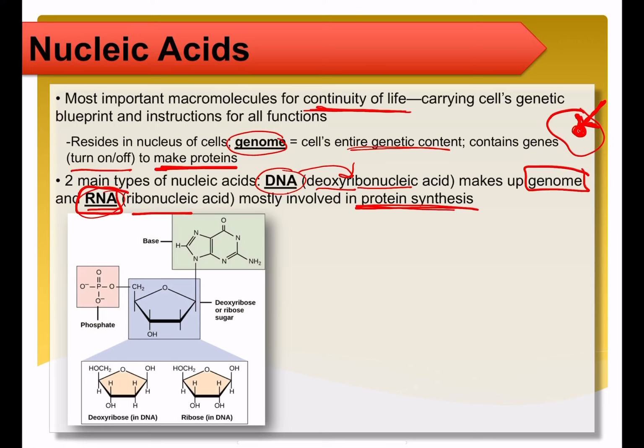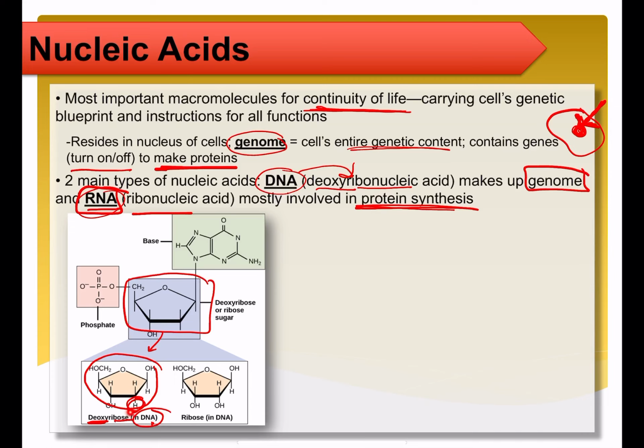Okay, so the difference between DNA and RNA nucleic acids is the ribose portion of the nucleotide, where in DNA molecules it's called deoxyribose. So this is the ribose portion of the nucleotide. Okay, so for DNA, this particular carbon right here is missing an oxygen, which is why it's called deoxy, without oxygen.